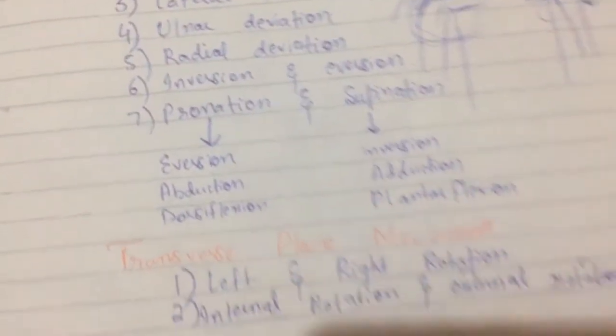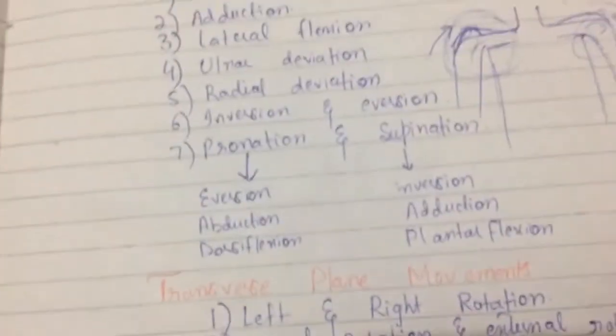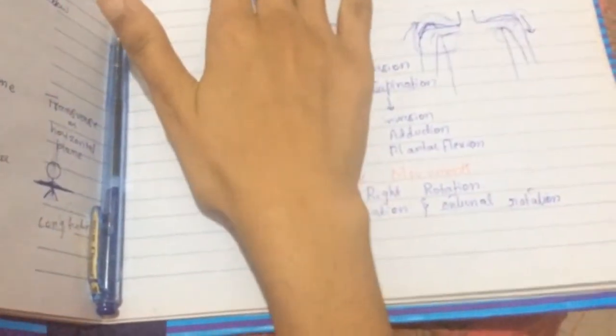Next, the movements included are supination and pronation. First we perform this on our forearm. When the forearm is in this position, this is called supination, and if we pronate it, like that, this is called pronation.